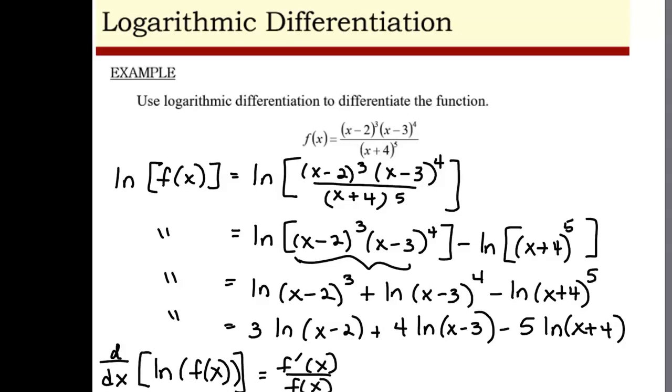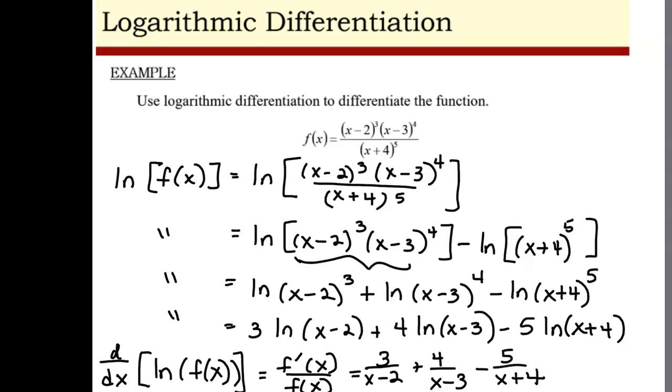Then the right side gives us 3 all over x minus 2. We're just using the fact that the derivative of the natural log of g of x is 1 all over g of x times g prime of x. Here g prime is just 1 because we have x minus 2 as our argument. Continuing on, we have 4 all over x minus 3 minus 5 all over x plus 4.